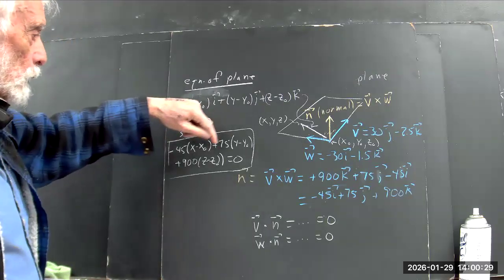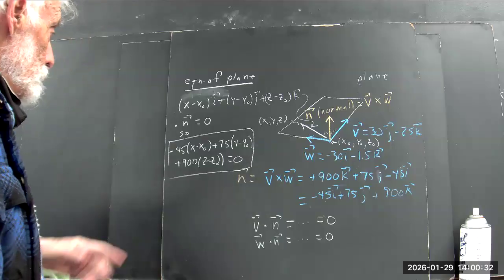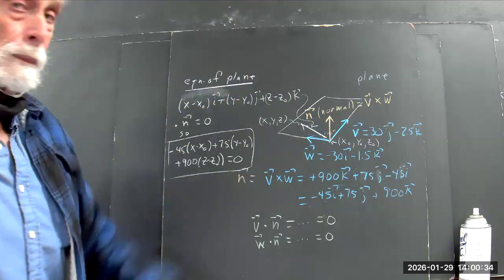Now, if I know X naught, Y naught, and Z naught, I can plug in the numbers and write out the equation.